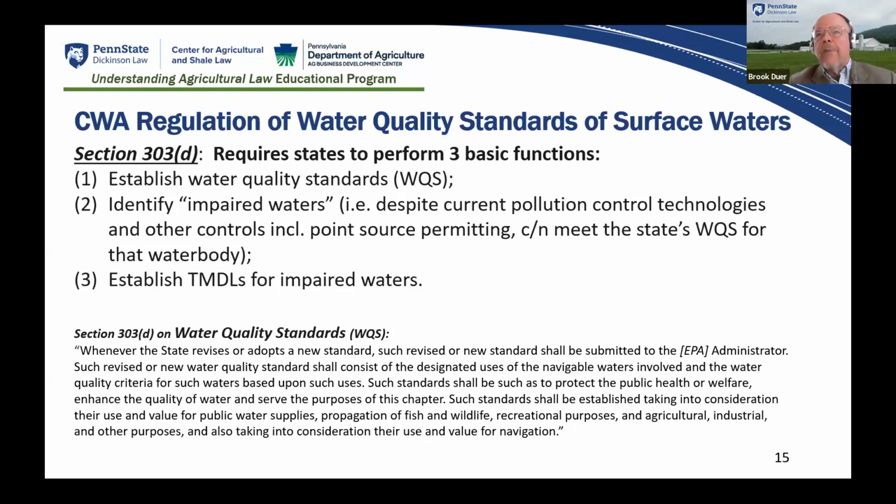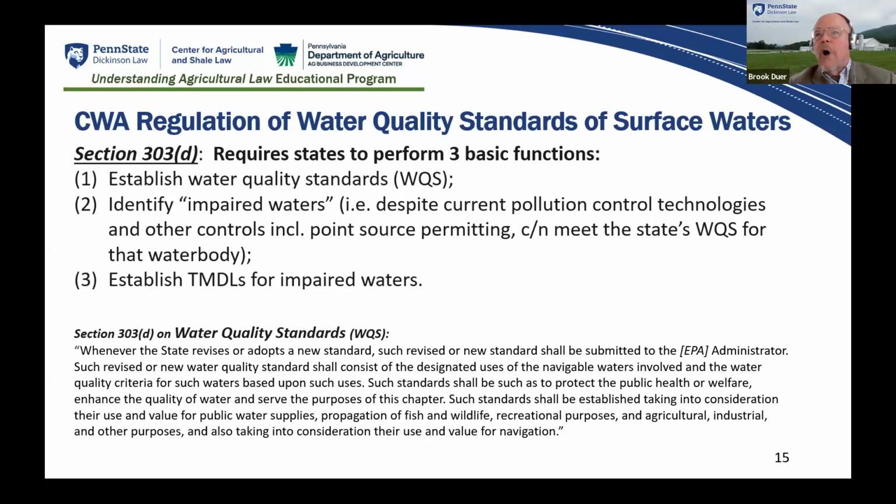Now, this paragraph I have down below is a little stunning, because this is the entirety of the Clean Water Act's statement about what a state is to do in the process of establishing water quality standards. Literally, this is it. They wrote statutes differently back then. Whenever the state revises or adopts a new standard, such revised or new standard shall be submitted to the EPA.